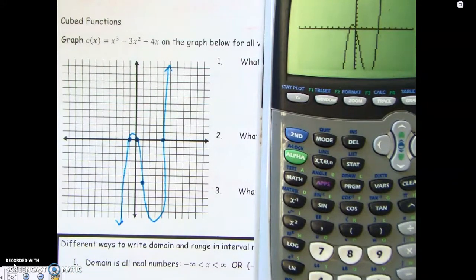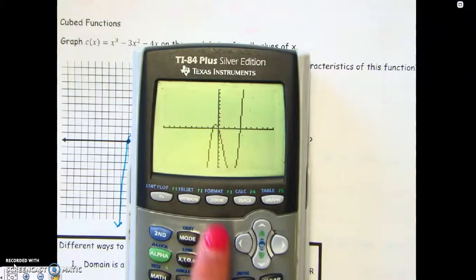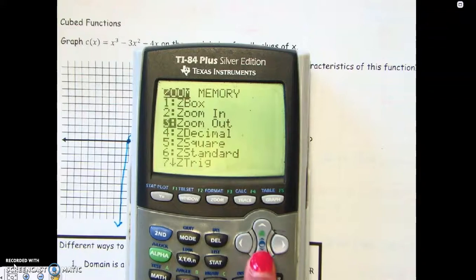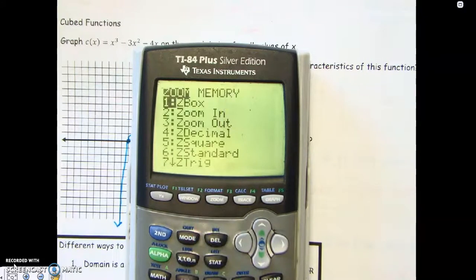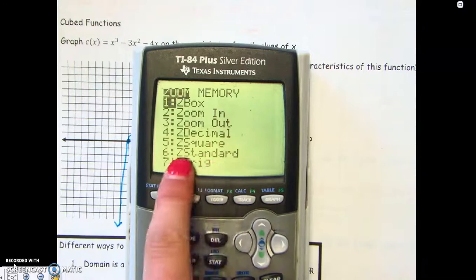But at least it shows me what my domain and range are going to be. And if you weren't sure, you can always zoom out. You can press zoom, and you can zoom out and just kind of press enter, and it will zoom it out for you. So you can kind of see more and more what's happening in the function. If you want to get back to your standard window, just press zoom and then 6 for a standard window there.